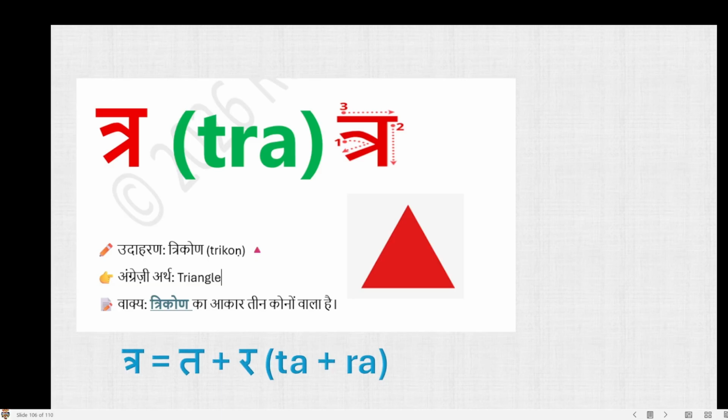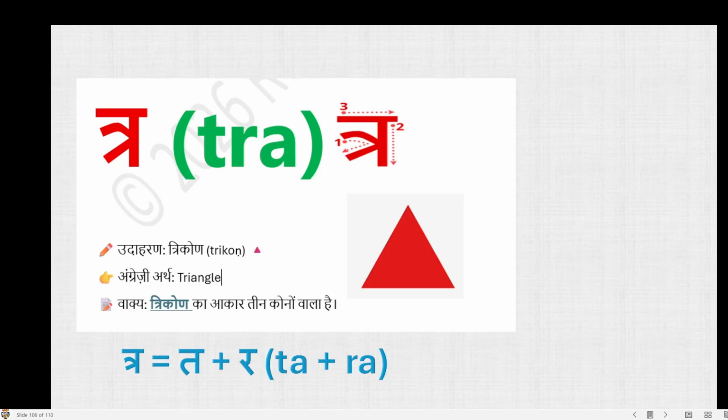Trikon, which means triangle in English. A triangle is a shape that has three sides and three corners. Now, let's read the sentence. त्रिकोण का आकार तीन कोणों वाला है, meaning a triangle has three corners.